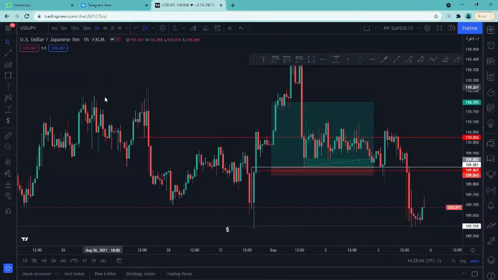I use so many lower time frames to get a nice position entry on my trade. Before I move down into the lower time frame, I can see another fair value gap here, so I'm going to mark that up and drag it out.